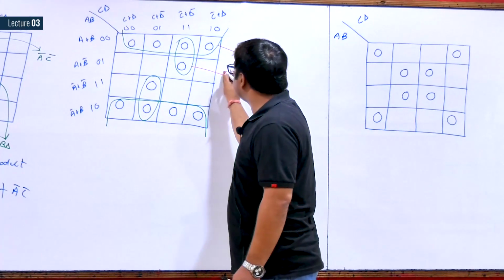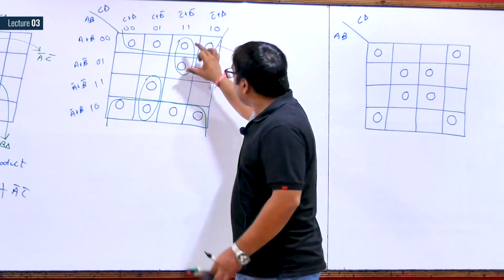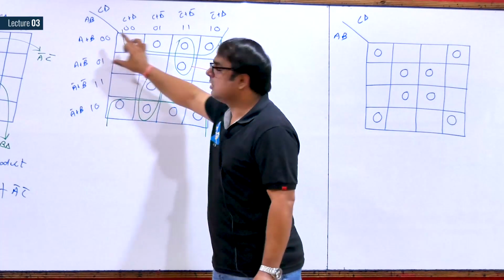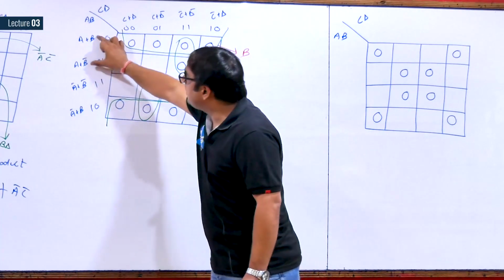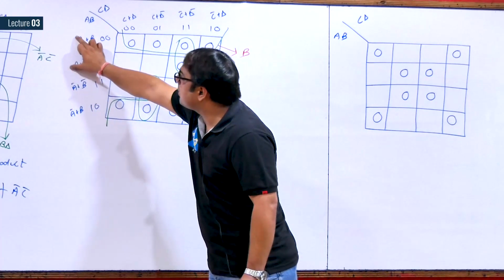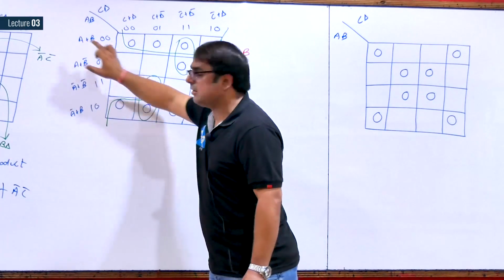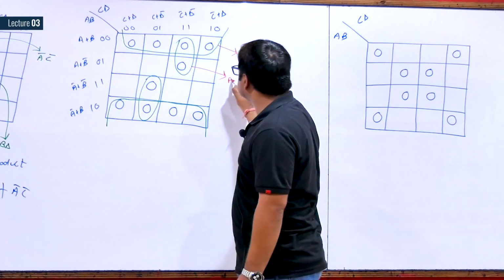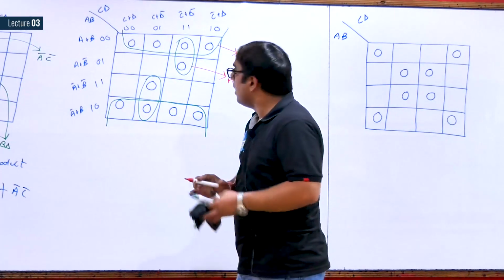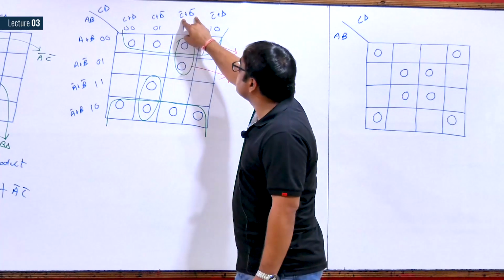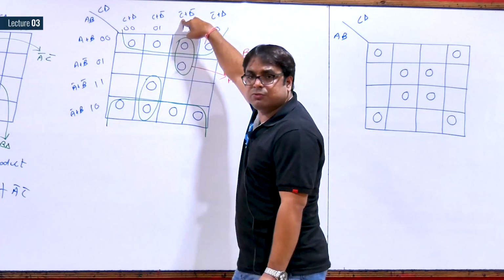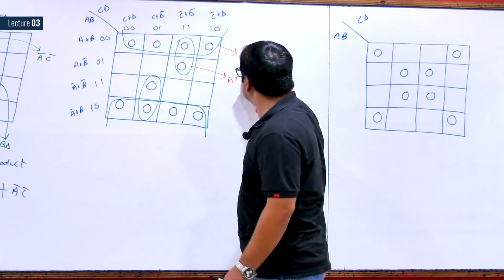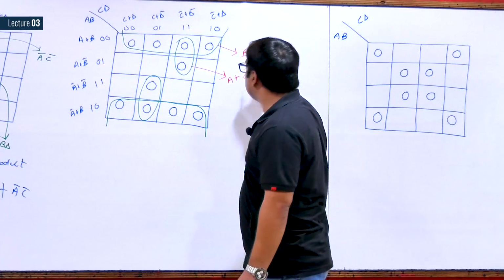What about this pair? In this pair, B and B complement will get reduced. What is common? A is common from this side. And for both the max terms, C complement and D complement is common: C complement plus D complement.